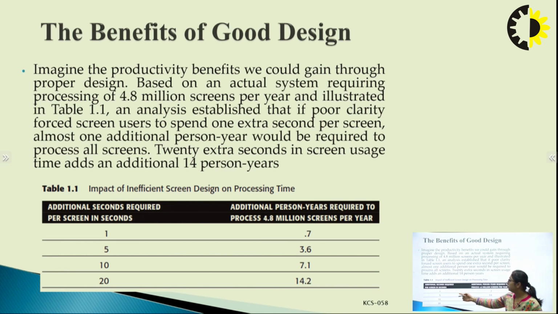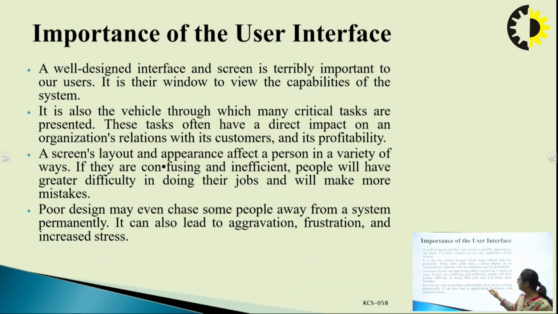If you add an additional 1 second per screen, there is 0.7 person year additional required. If you increase from 1 to 5 seconds to visit your interface, it becomes 3.6 person years additional required.